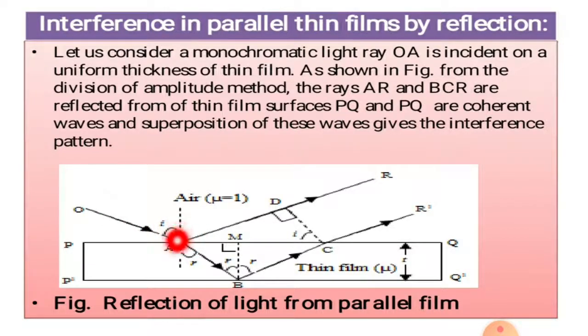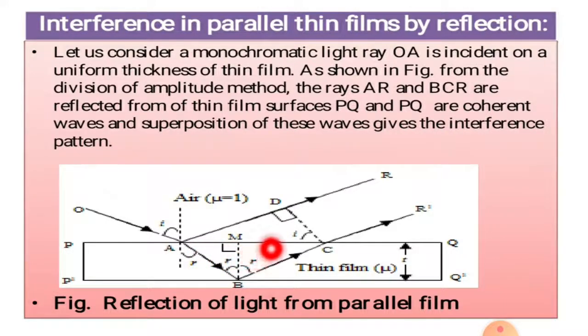At this point, the incident light beam gets divided into two parts. A part of the light is reflected back into the same medium and travels along the path AR, and the other part of the light ray is refracted into the thin film and travels along the path AB with angle of refraction R. This refracted light beam is incident on the lower surface of the film, and it again gets divided into two parts.